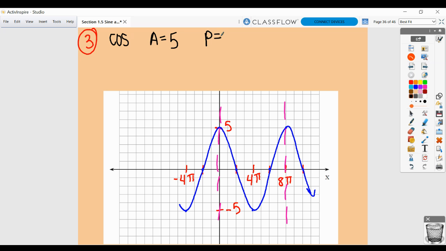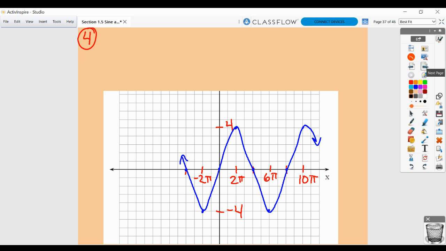So the period is 8 pi. So the b is 2 pi divided by 8 pi. Pi's cancel out. 2 and 8 can simplify. You get 1/4. So your equation for this would be 5 cosine 1/4 x.